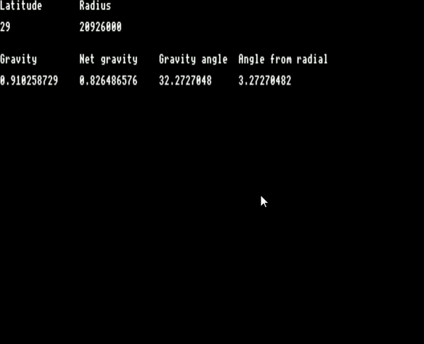Coming down towards 20,000 kilometers radius and coming up towards 1 meter per second of actual gravity. There's quite a difference there between actual gravity and net gravity. There's 1 meter on actual, and on net, by which time we're up to 1.08 meters per second of actual gravity.